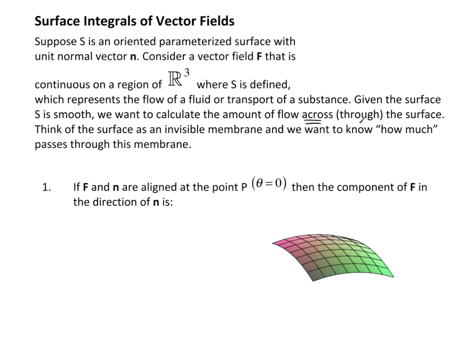When we say across, we're talking about going through this surface. So again, we want to think of the surface as being an invisible membrane of some type, and we want to know how much passes through this membrane. Keep in mind that the term membrane is a figure of speech. It's an invisible theoretical barrier. This membrane does not have any mass.